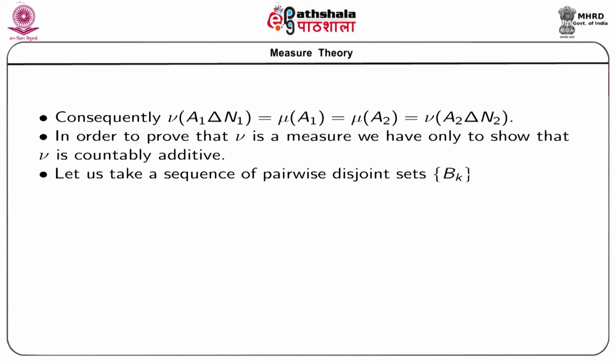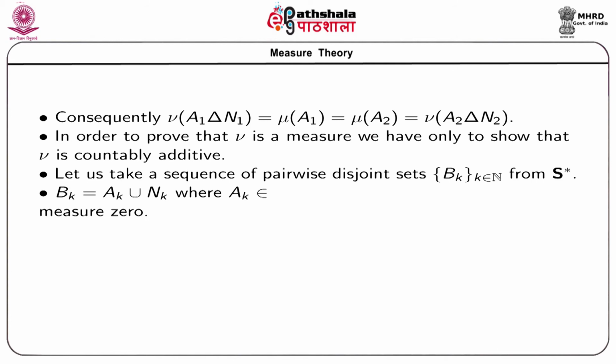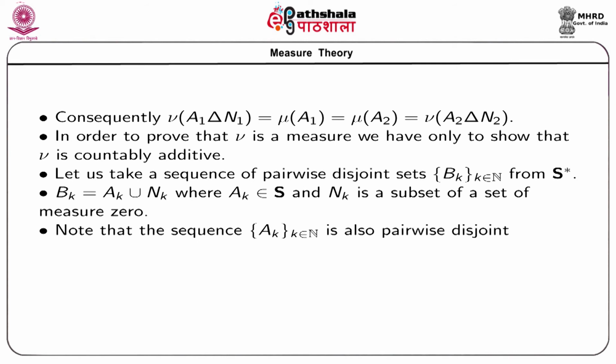So, let us start with a sequence of pairwise disjoint sets B k, k belonging to capital N, from S star. As we have observed, we can write B k as A k union N k, where A k belongs to S and N k is a subset of a set of measure 0.